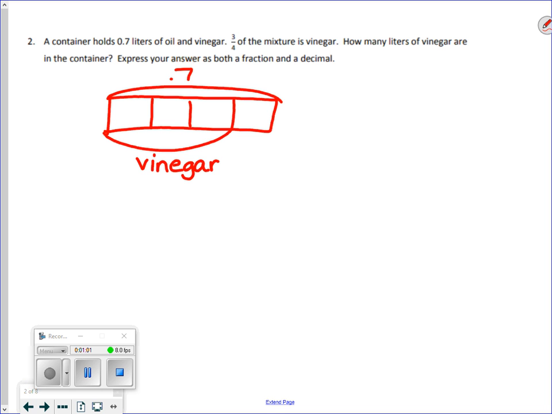It's oil. It tells us it's oil and vinegar. So we've got vinegar and oil. How many liters of vinegar are in the container?